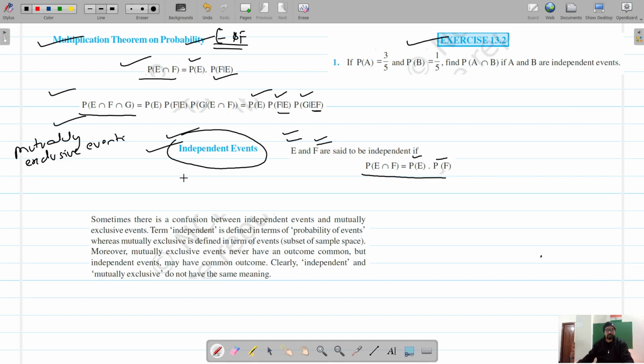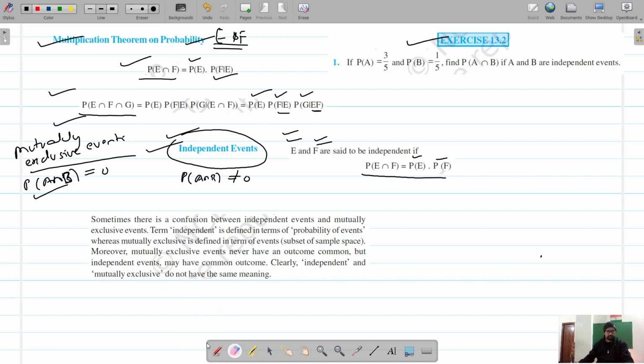In independent events, the probability of both the events can be zero or may not be zero. But in mutually exclusive events, the probability of both the events is always zero because there is no common element between the two events.